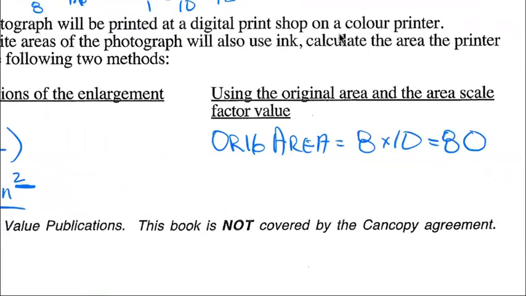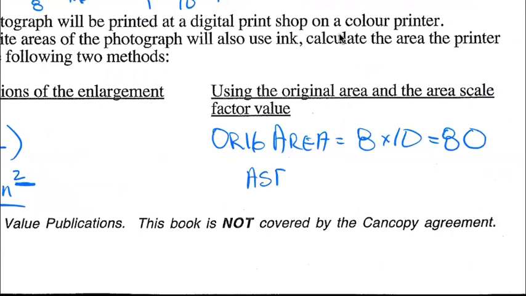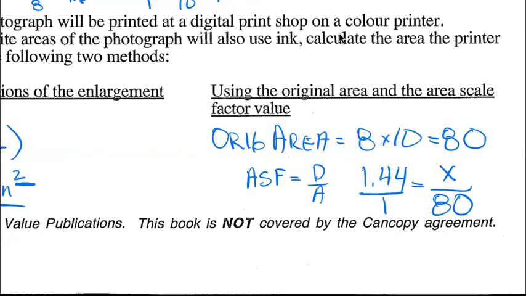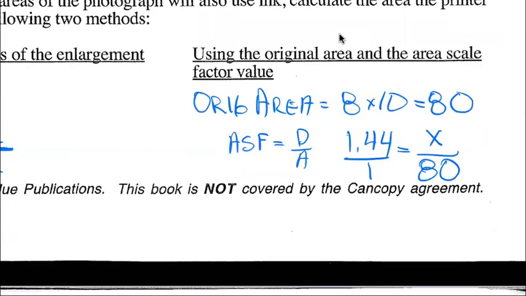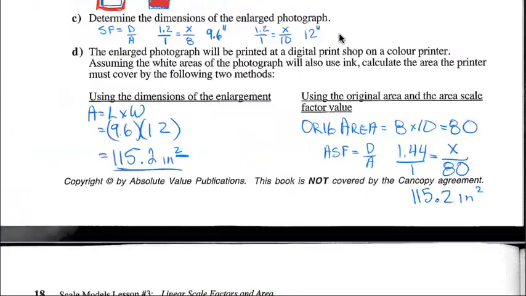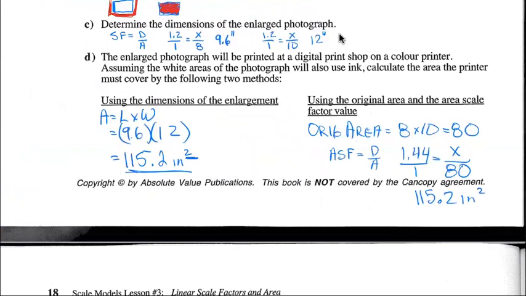And if we apply our area scale factor, just like we did before, drawing over original or actual, my area scale factor was 1.44 over 1 is equal to, what am I going to get when I convert 80? 80 times 1.44 divided by 1, 115.2 inches squared.